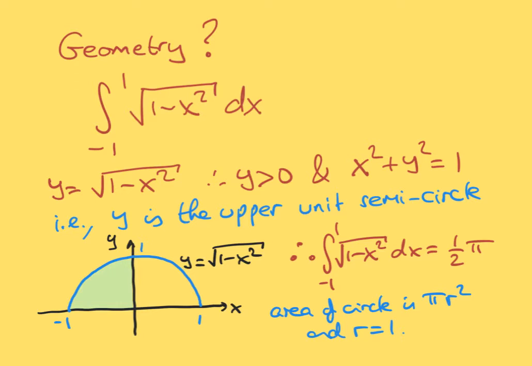So it's going to be this area and this area added together. We know the formula for the area of a circle is pi r squared. This is a semicircle. The radius is 1, so it's going to be a half of this with r is 1, so it's pi over 2. And that is our result for this integral.